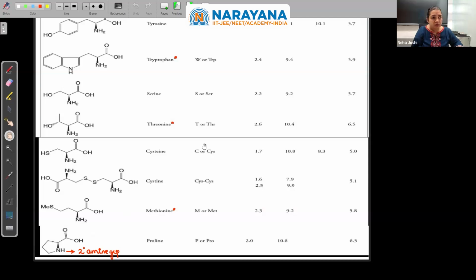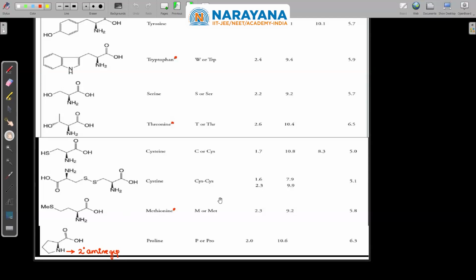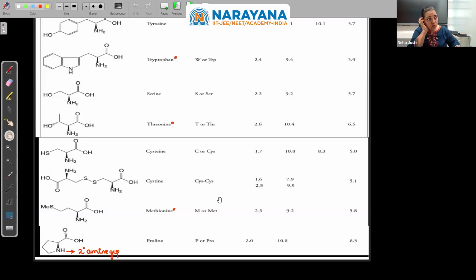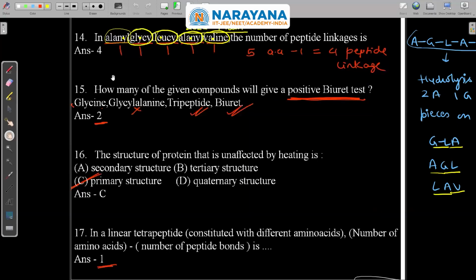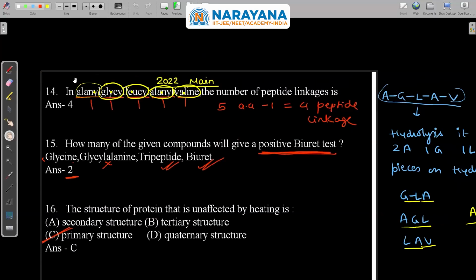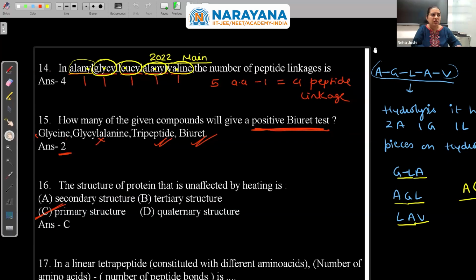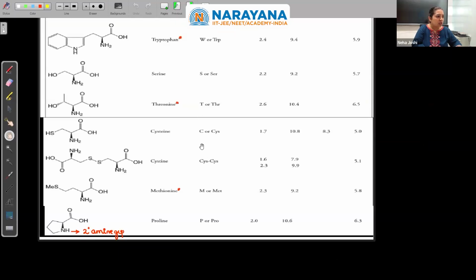Shrey? Ma'am, in the previous year questions, how do they mention the names of the amino acids? Do they just write glycine or do they write GLY? Oh, it can be either. They can write this way, they can write single letters like this. Yes, these representations will be used.